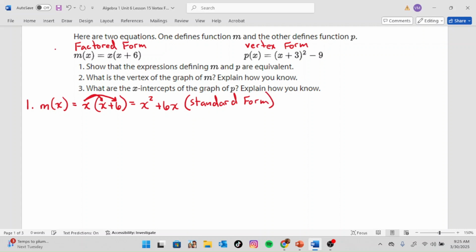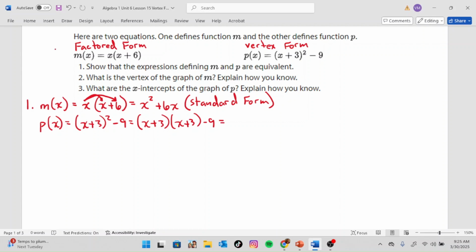Then we have p of x, which is x plus 3 squared minus 9. So that is x plus 3 times x plus 3 minus 9.